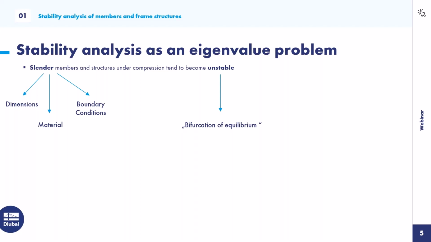So there are multiple paths that the structure may follow. And that's why this linear stability analysis is often referred to as a linear bifurcation analysis, or LBA. I might use that abbreviation along this webinar as well. And the critical load may also be named sometimes as bifurcation load.